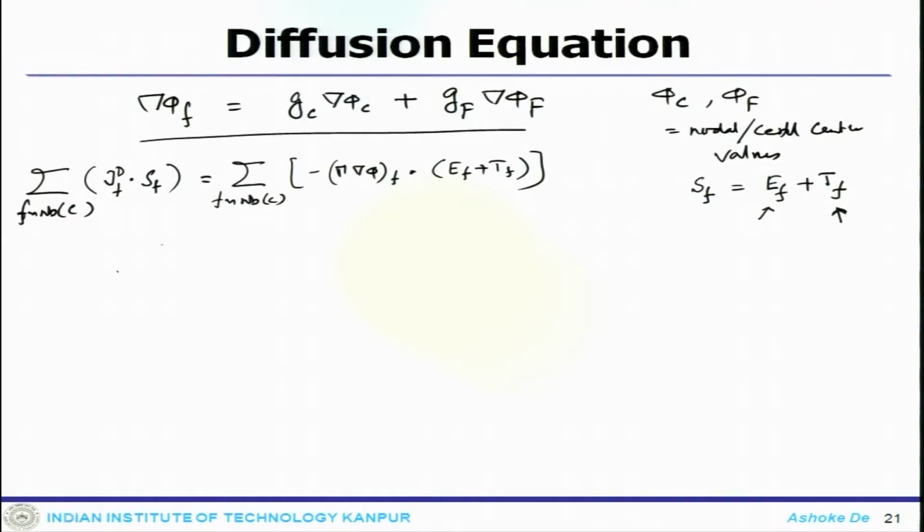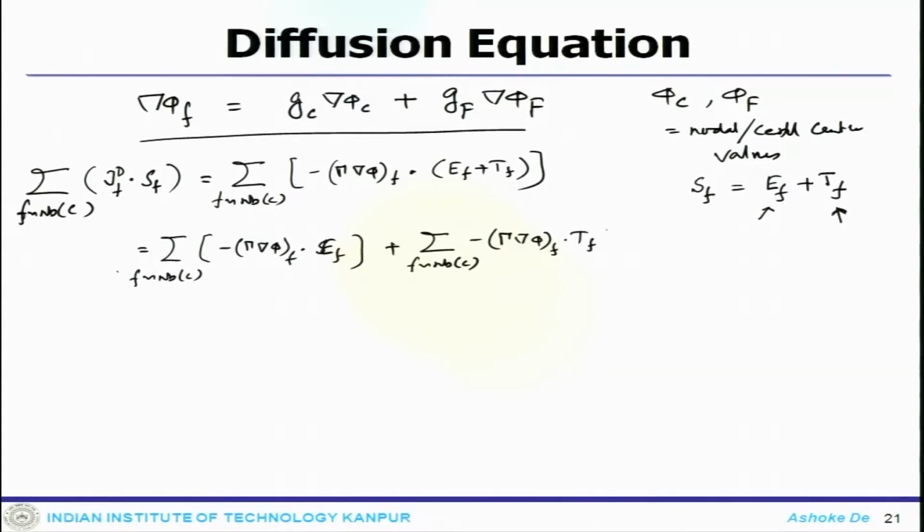Okay. Once we do that, I can write this one expanding as minus gamma del phi f dot E f plus summation over all the faces minus gamma del phi f dot T f. So, this is term 1 and this is term 2.